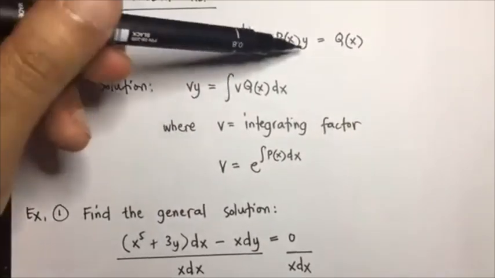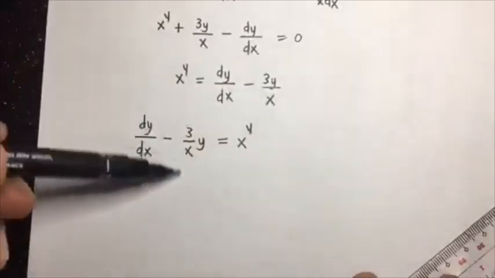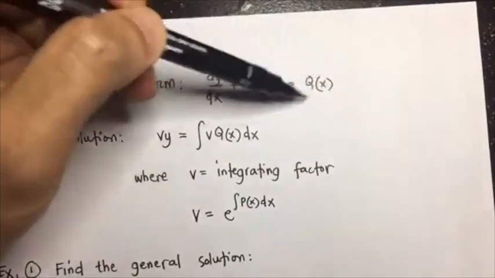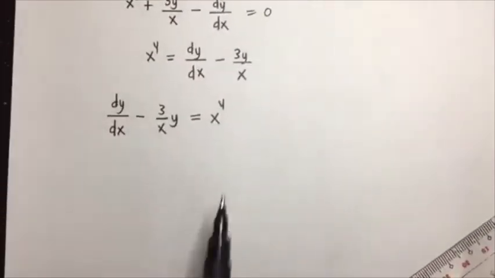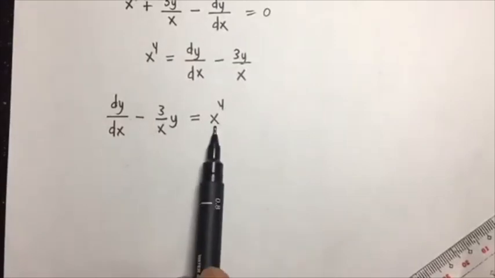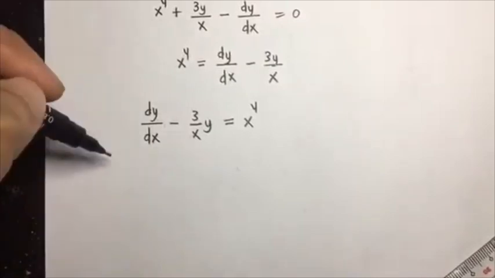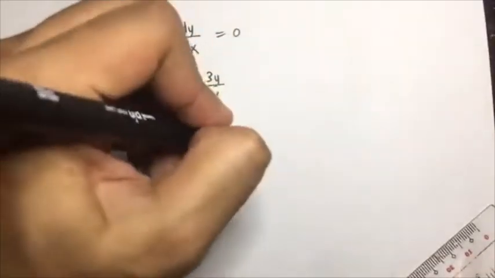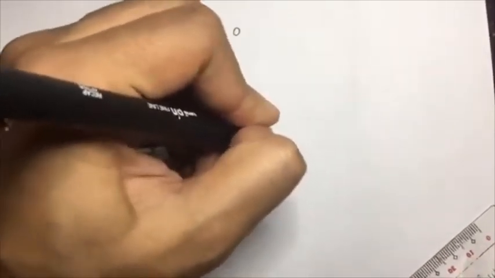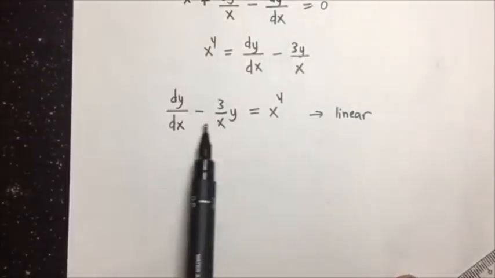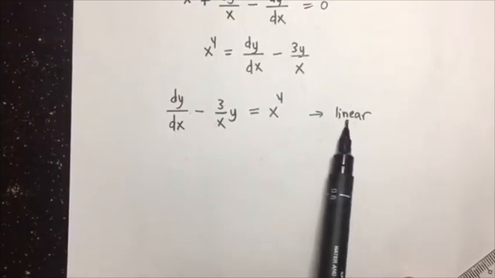As you can see, the coefficient of y should only be a function of x. So our p of x is 3 over x, and on the right side of the equation, it's only a function of x. So therefore this is linear, and I believe you already know how to test for linearity.